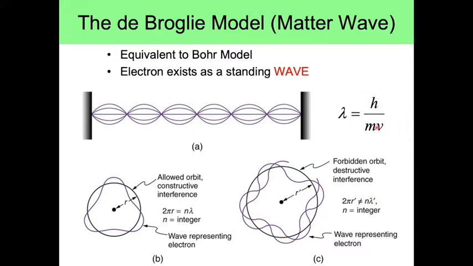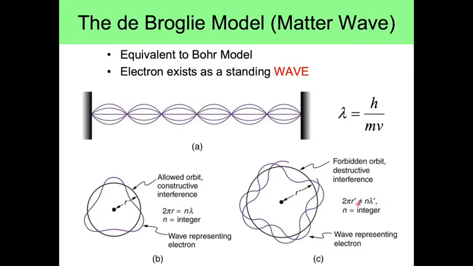This is the electron mass. Okay, the wavelength of the matter wave is written like this. The matter wave will destroy itself through destructive interference if the standing wave condition cannot be satisfied.